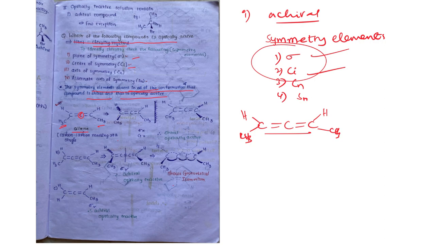Here these allenes are shown clearly. The first double bond is vertical, so the groups are in the plane as shown: here hydrogen, also vertical, and this is CH3. The next double bond is horizontal, meaning this is away from the observer, so a dotted line is there.